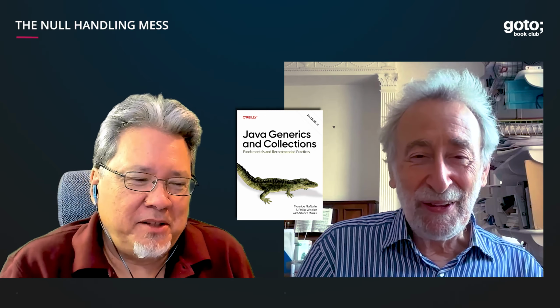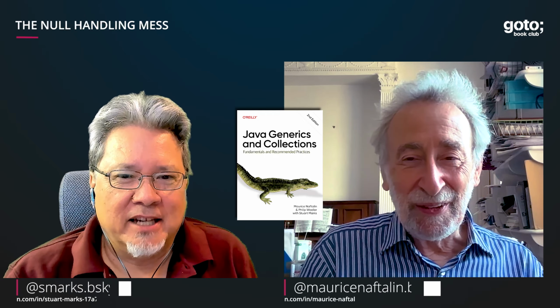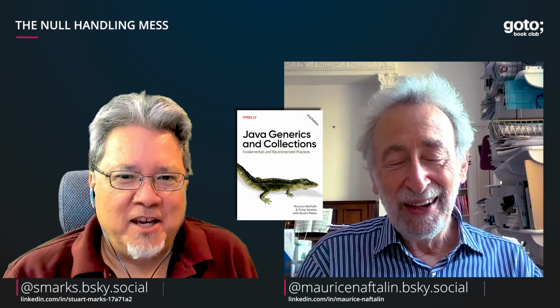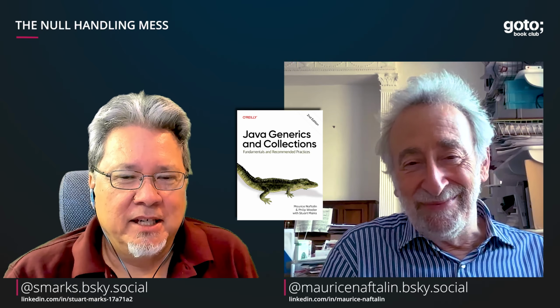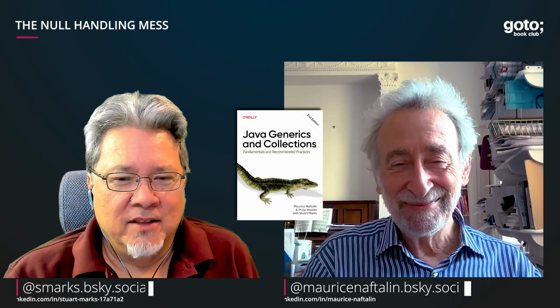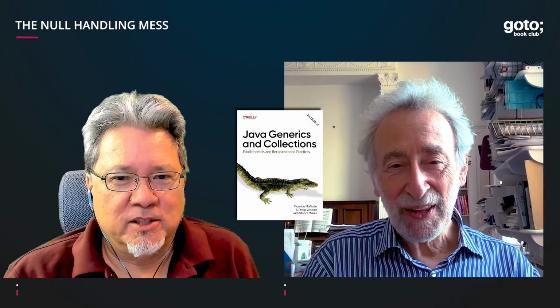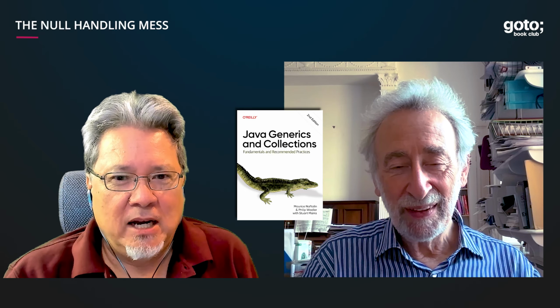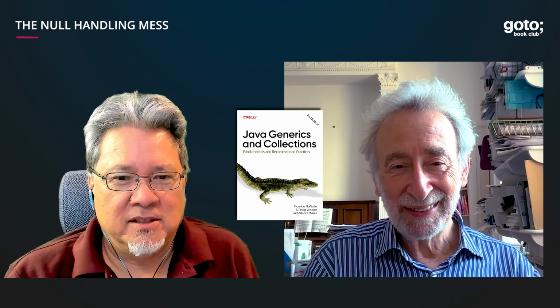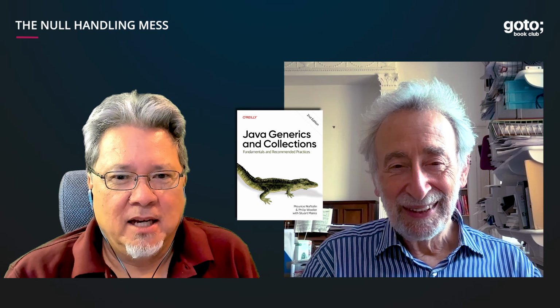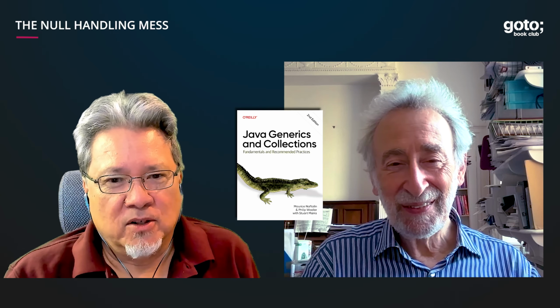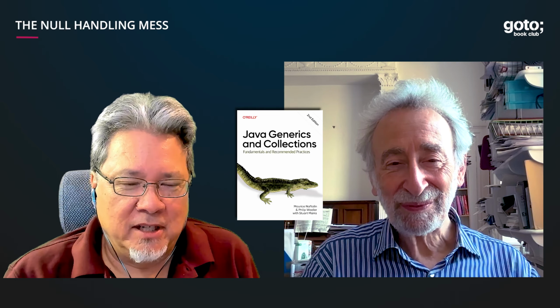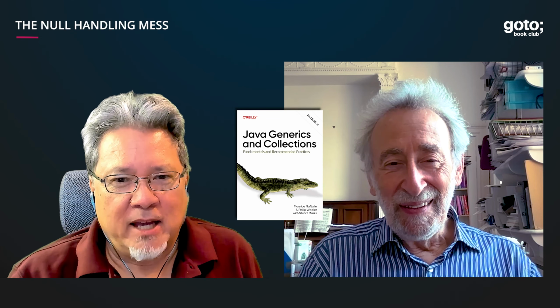Just a brief history: the so-called legacy collections, Vector and Hashtable, which came in JDK 1.0, disallowed nulls, and then the main collections framework introduced in 1.2 allowed nulls in most instances, such as HashMap. And then the concurrent collections in Java 5 disallowed nulls. And we've kind of sort of kept with that.